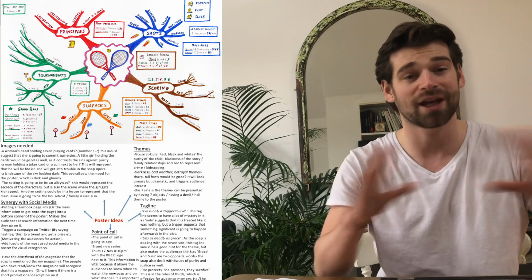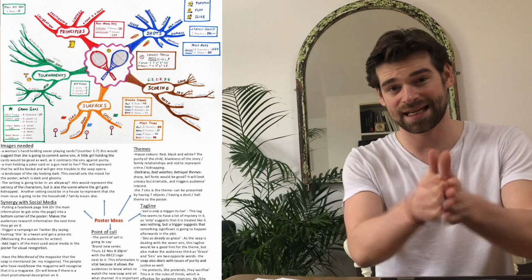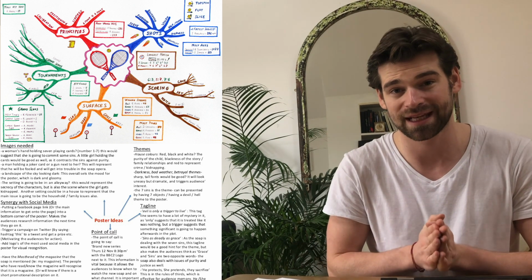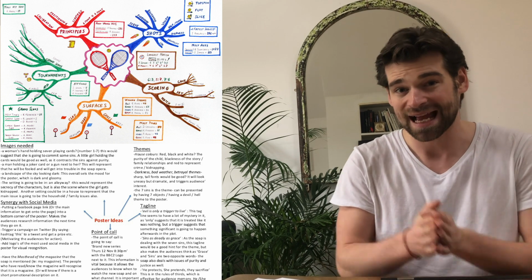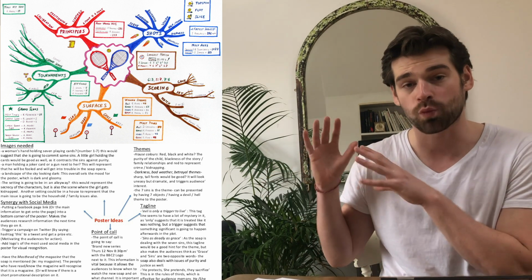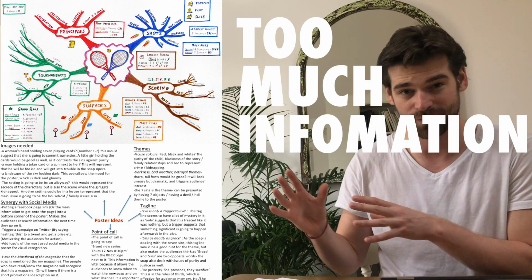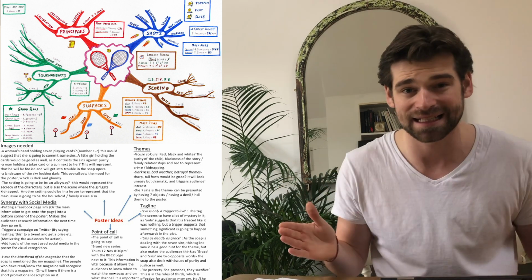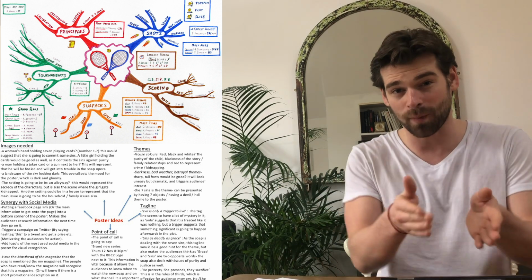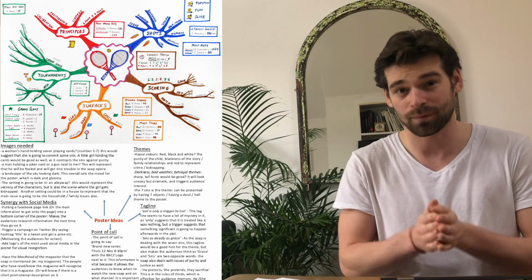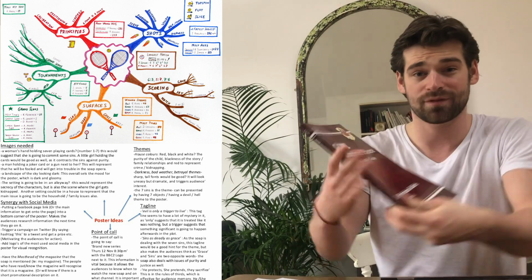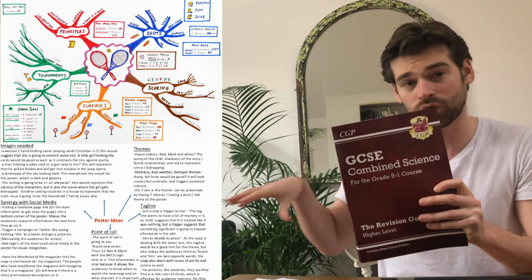And if you take nothing else from this video, take this. This is the most important thing that I'll say about mind maps. This bottom one has way too much information. Now this completely misses the point of what mind maps should be. Mind maps shouldn't be all the information from the textbook on the page.